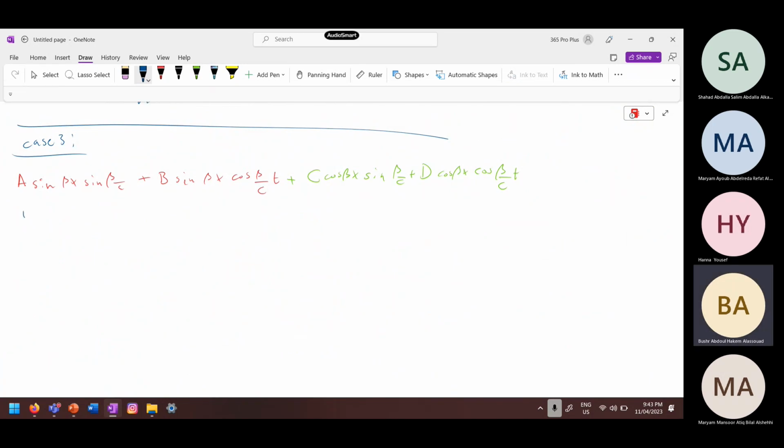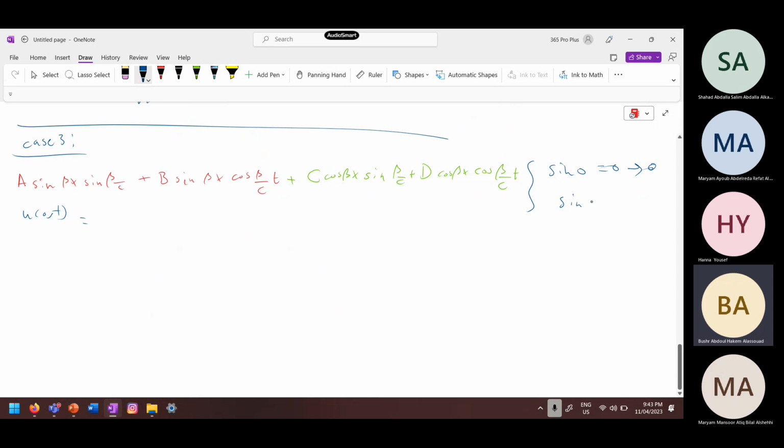We're going to have u at 0 and t. Now we'll start just substituting the values of 0 and the x's. Just a quick reminder that sine 0 is equal to 0, so anything multiplied with sine 0 is just 0. It will just cancel it out.